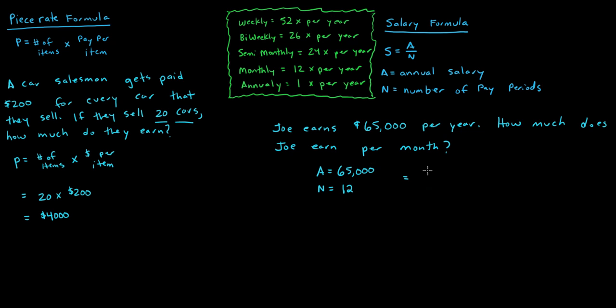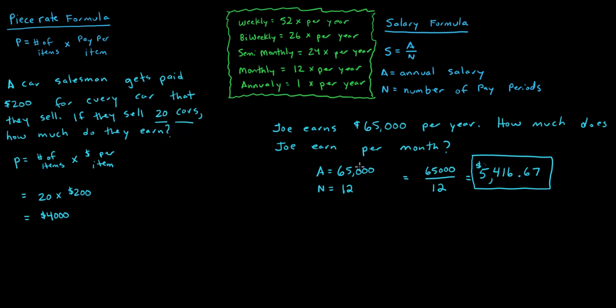So I would go $65,000 divided by 12, and that would tell me how much Joe makes every single month. So when I punch that into my calculator, I'm going to get $5,416, and when I round it to the nearest penny, 67 cents. So that is how much Joe earns each month.